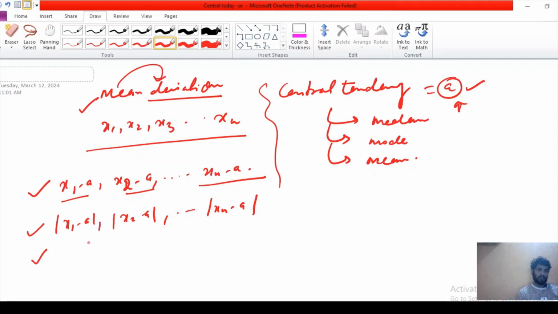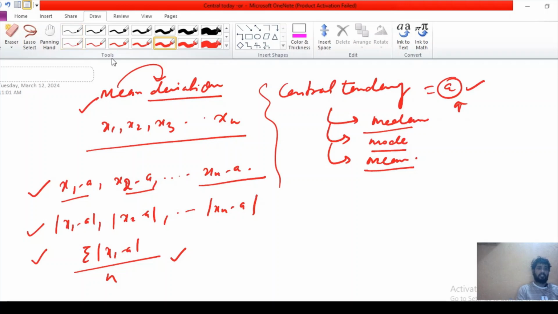So the sum of all the observations divided by the number of observations is our mean deviation about a central tendency, it may be mean, mode, median. And in the last class we studied how to find mean, median and mode for different data.